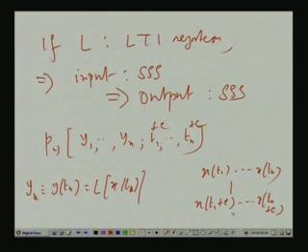Where the LTI property comes in is this: if y1, that is y of t1, is L of x(t1), then because of time invariance, y of t1 plus c is L of x of t1 plus c, and likewise y of tk plus c.